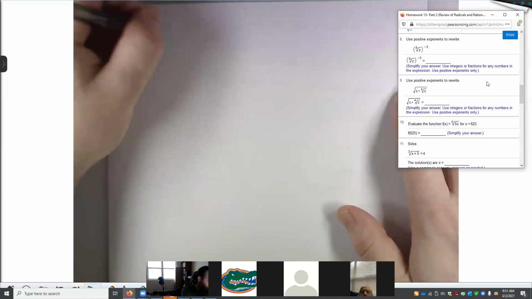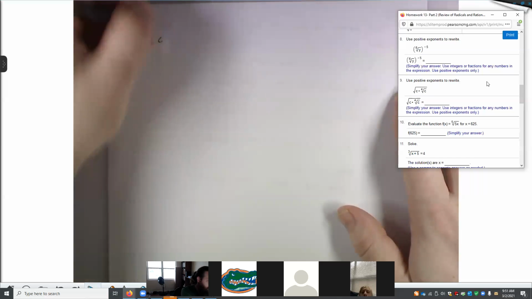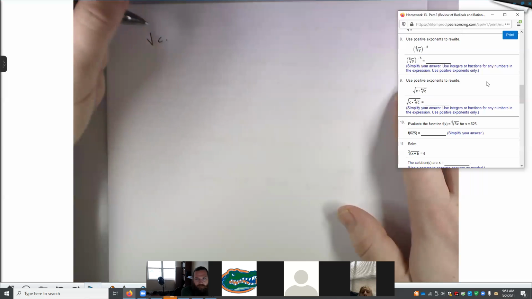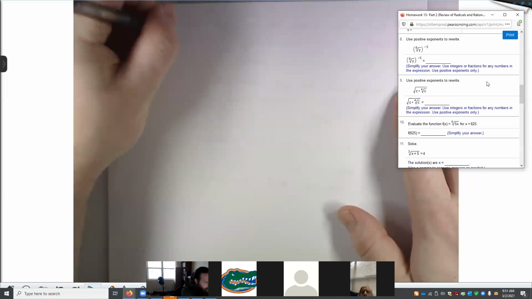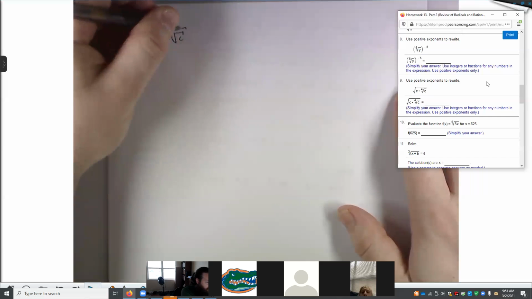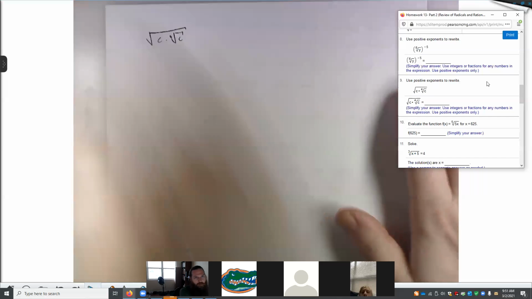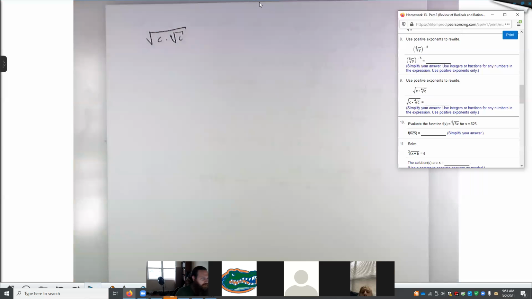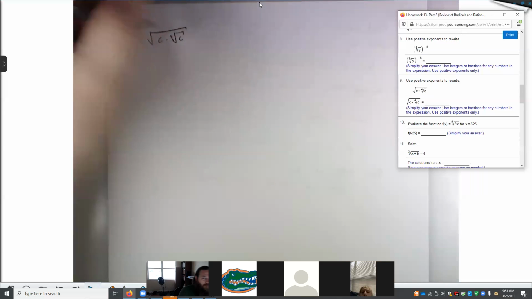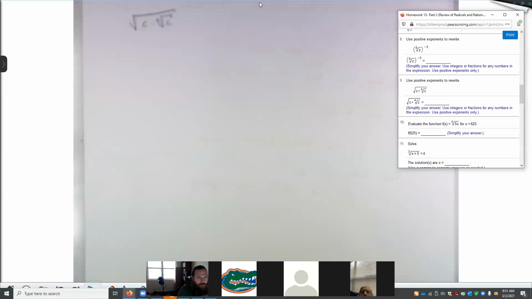We have the square root of c times the 4th root of c. I like to put a little tail on all of my radical symbols to tell me where the root ends. I'll zoom in so you can see the 4.